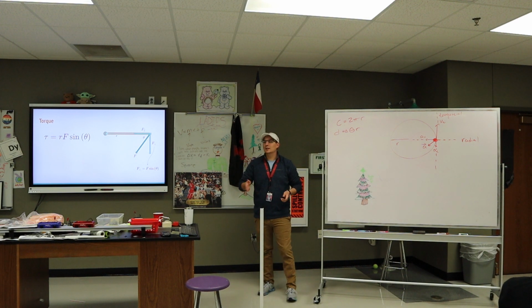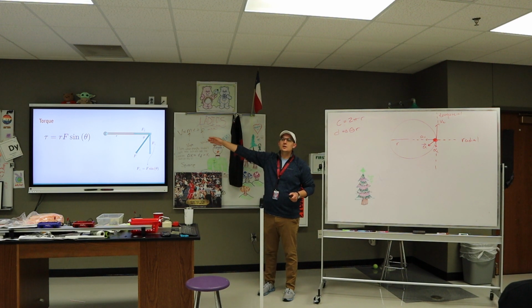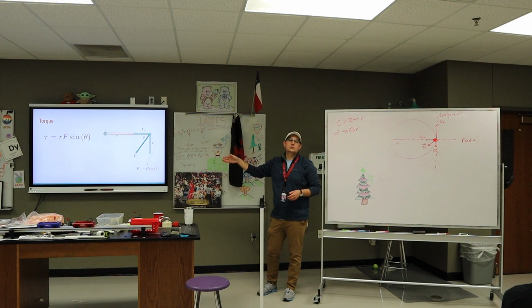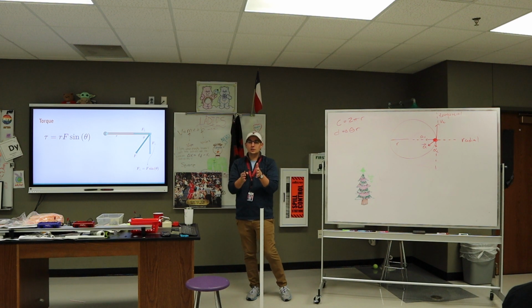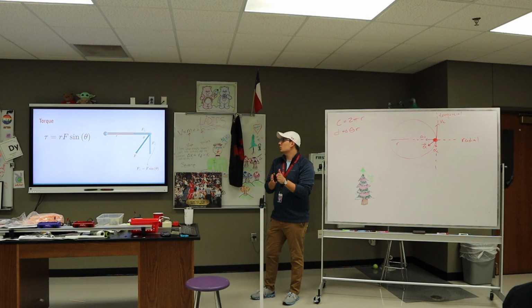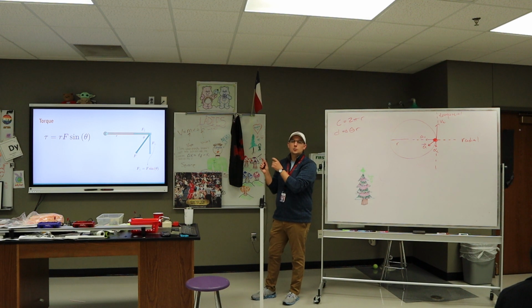To try and repeat it, torque is going to be equal to the length of the lever arm, R, multiplied by the perpendicular component of the force, which is F sine theta, according to the algebra we did before. This is one of those times that I really want you to understand the important bit is actually R times F perpendicular, but you'll most often see it written as R F sine theta, and the reason for that is because they're finding the perpendicular component using the angle between the force and the lever arm.